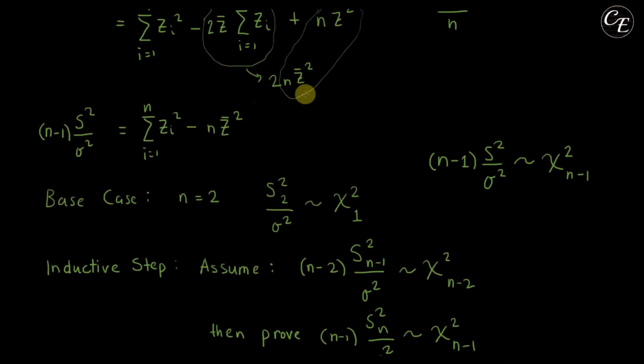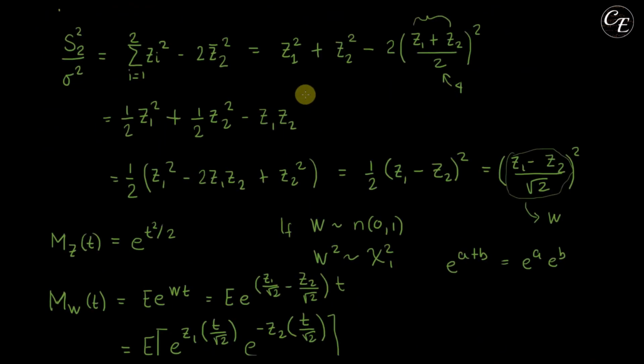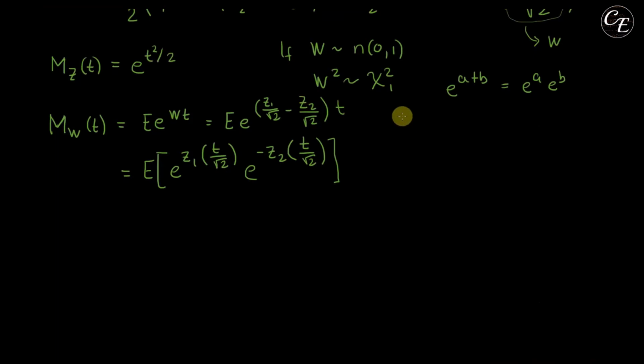Then we know that if u and v are independent, then expectation of u times v is equal to expectation of u times expectation of v. That is, expectation of the product of u and v is equal to the product of their expectations. So we have here, we can distribute this expectation for each term in here.